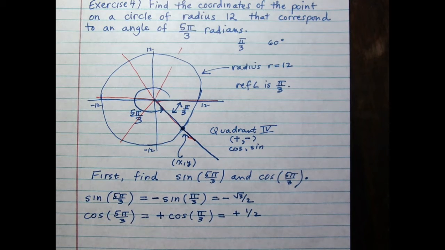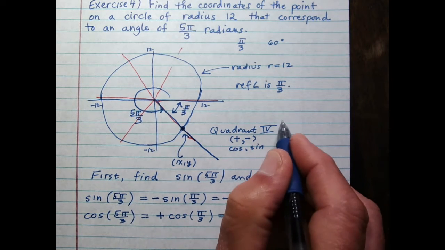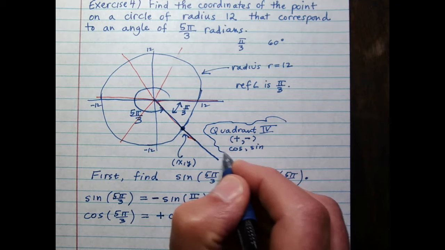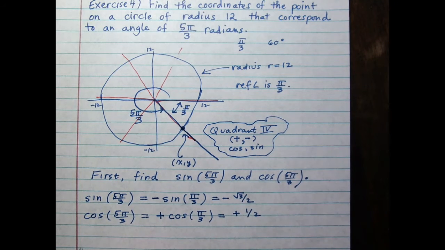Okay, so I got the sine and cosine down. Again, these plus or minus signs were determined by the quadrant information.